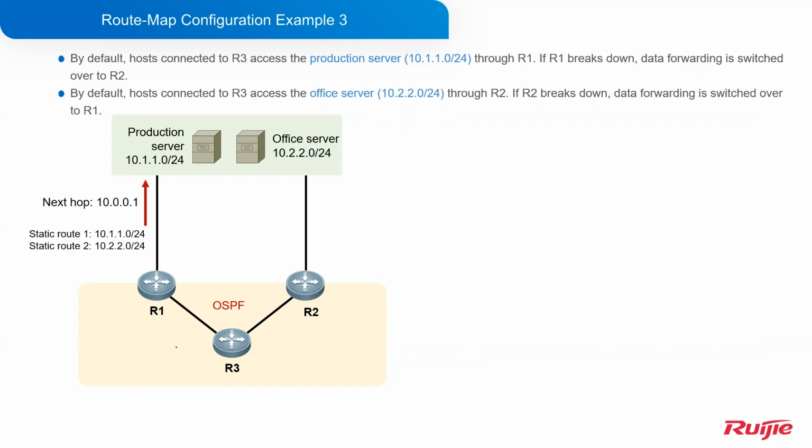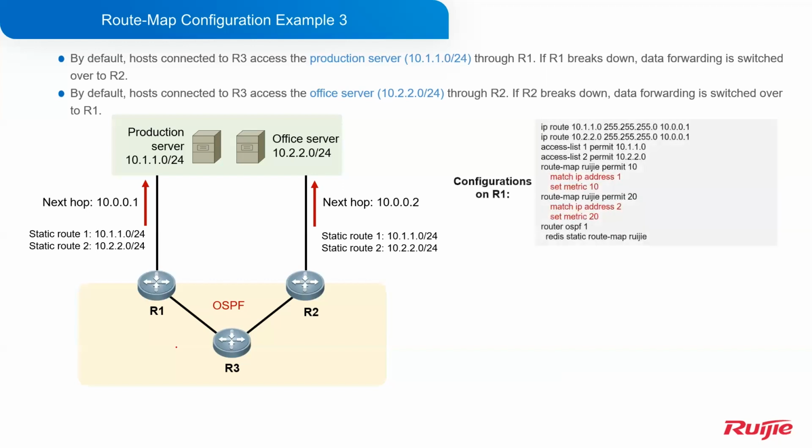So let's see how to do that. By default, the route to the production server goes through R1, and to the office server goes through R2. It's configured by static route. Now, to do the switchover, let's see what we configure here.